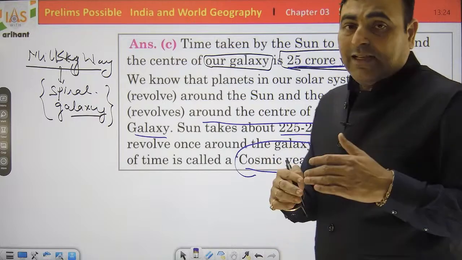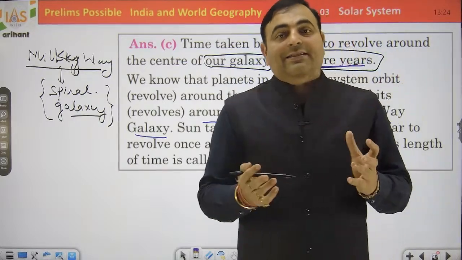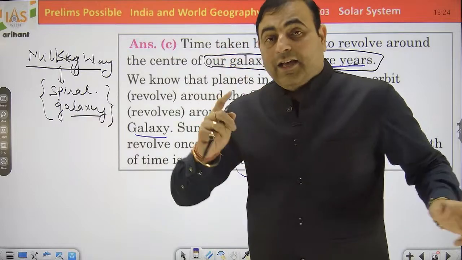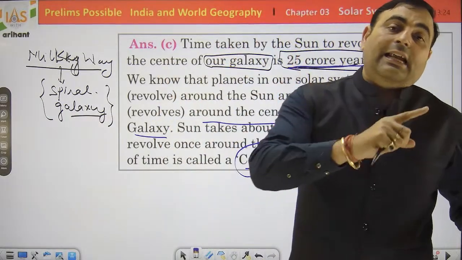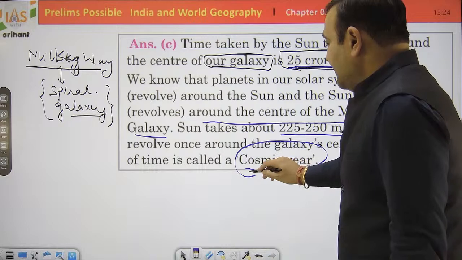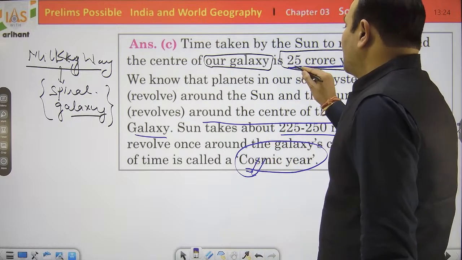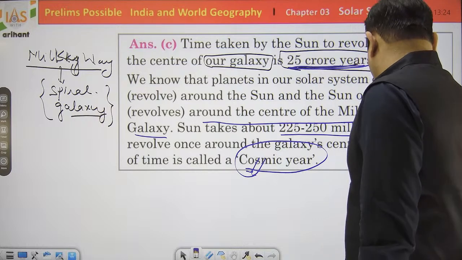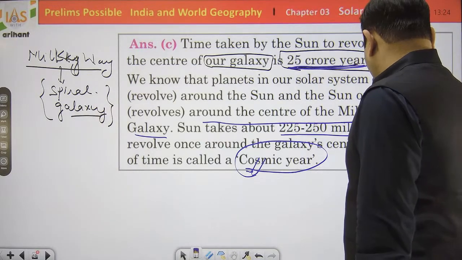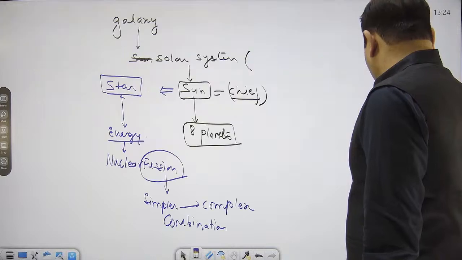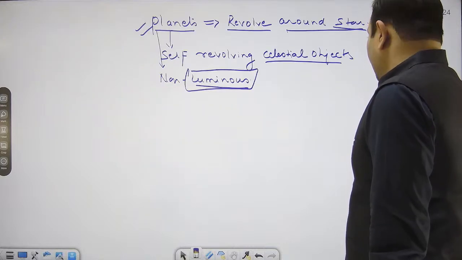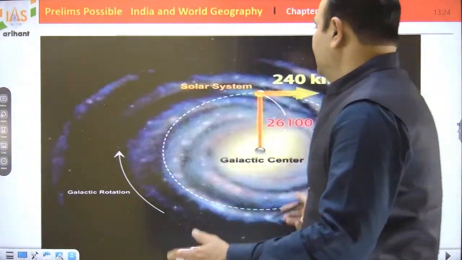The sun with its family of planets revolves around the galaxy; the duration is known as the cosmic year, which is 25 crore years. Am I clear?